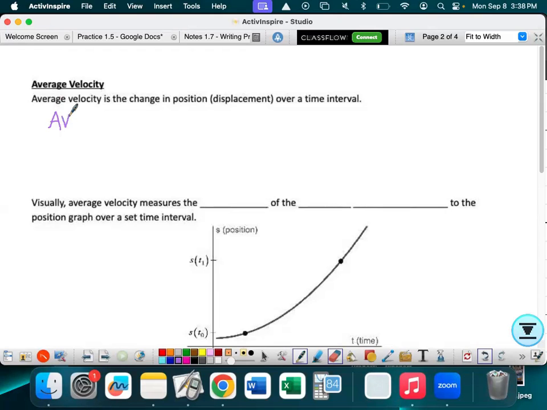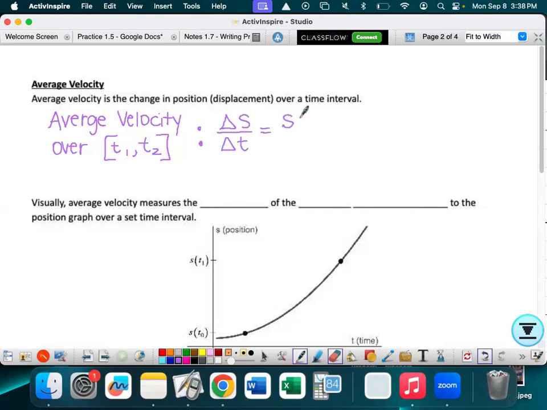So if I say average velocity, which you can abbreviate to AVG if you would like, over, let's just call it time 1 to time 2. Included because we're actually talking about those times and positions. So average velocity is the change in position over the change in time.